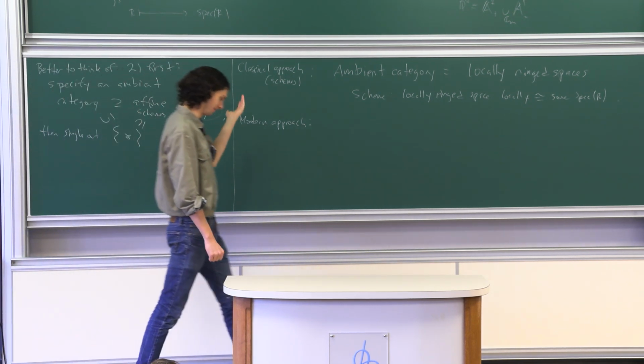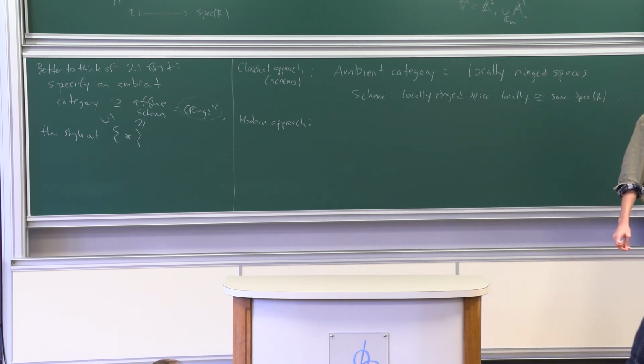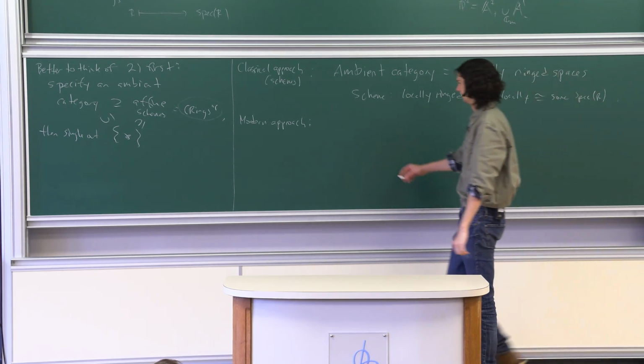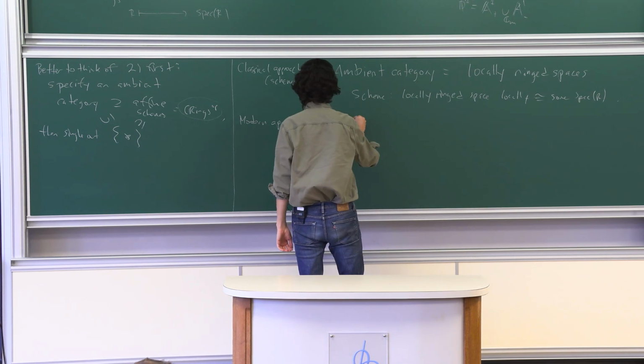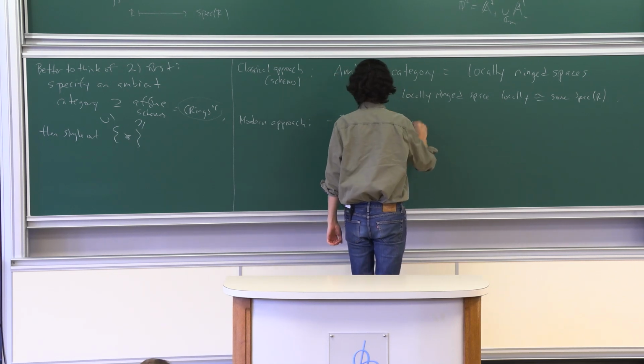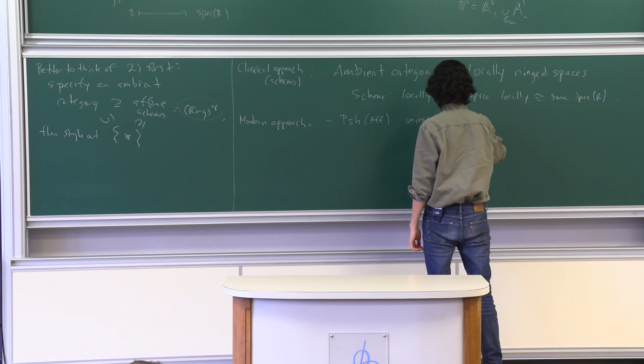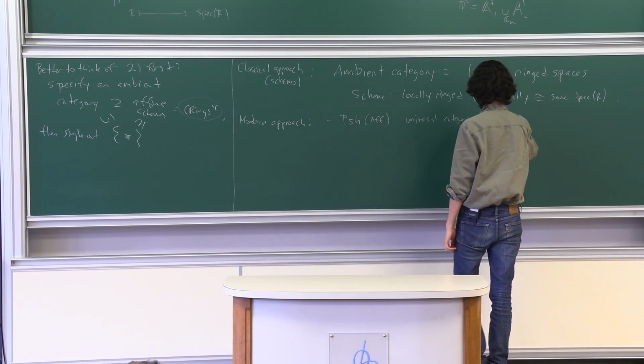And the category where you can do that kind of thing is called the category of presheaves. The category of presheaves on affine schemes is the universal category in which you can glue.